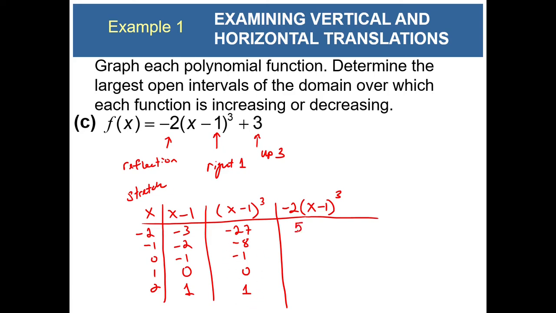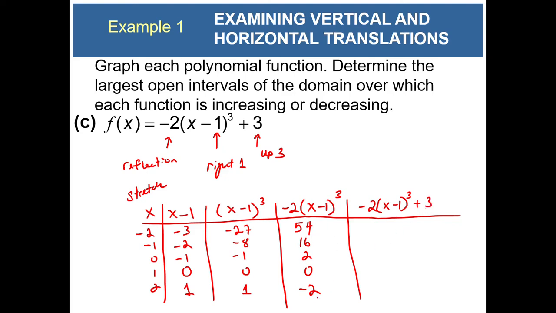So we get positive 54, positive 16, -2 times -1 is positive 2, 0, and -2. Now you can pick more points than this, but it'll give you a general idea of how to construct this graph. And for the last column, all we have to do is add the 3 on the right side.